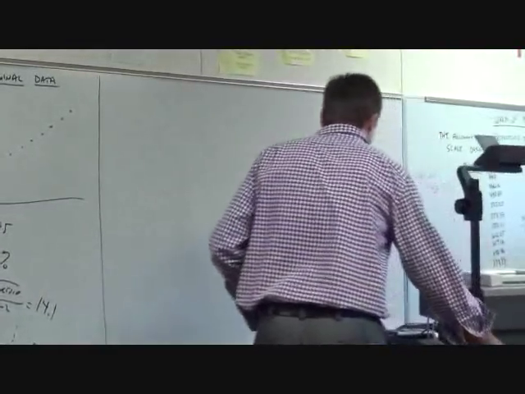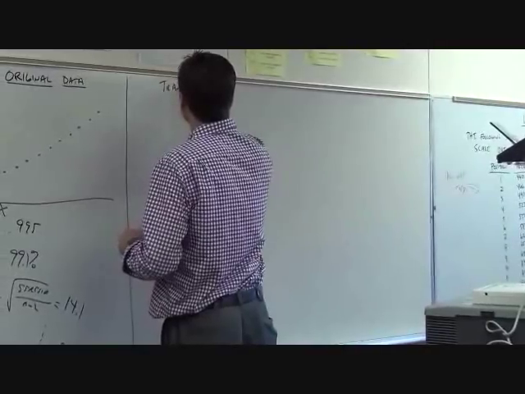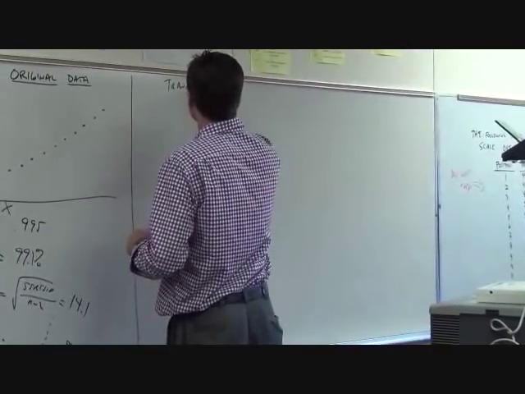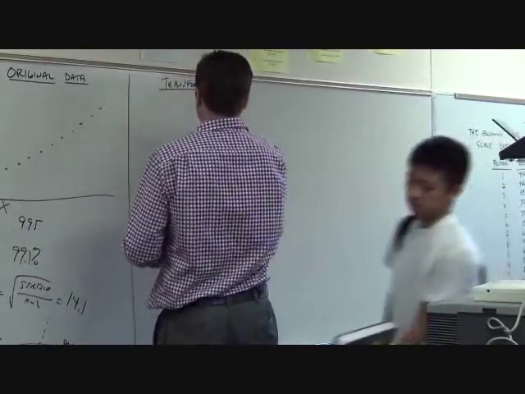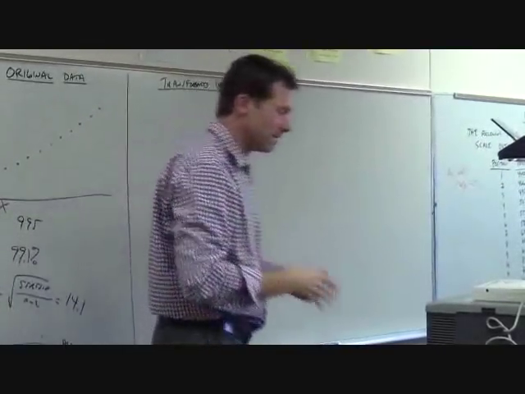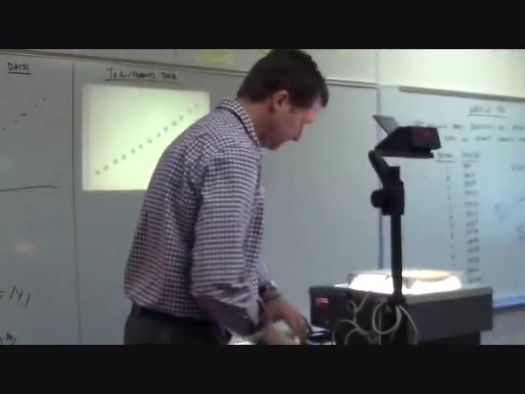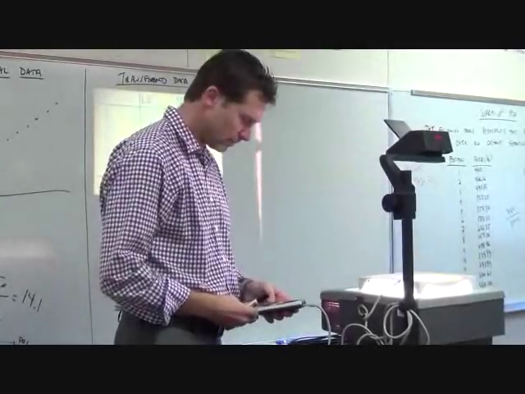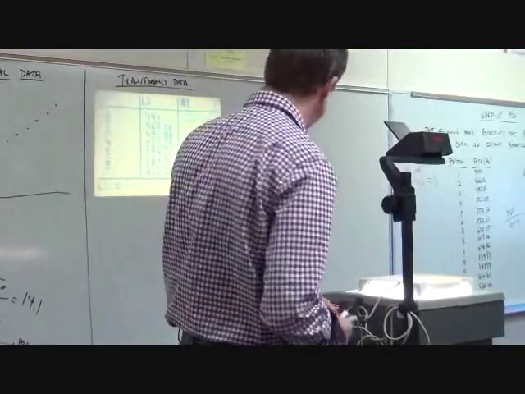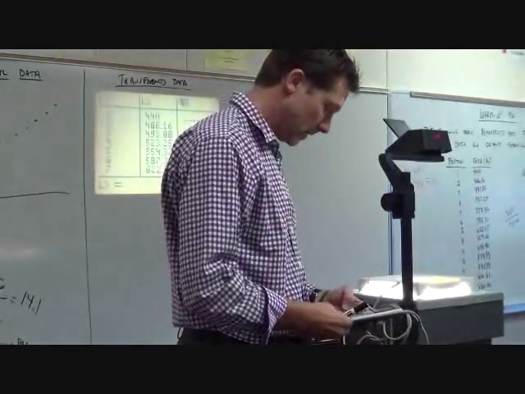All right, let's go through the process. So now we're going to take a look at the transform data. I'm going to go into L3 now, and I'm going to take the numbers I have in my response variable and take the logarithm of them.